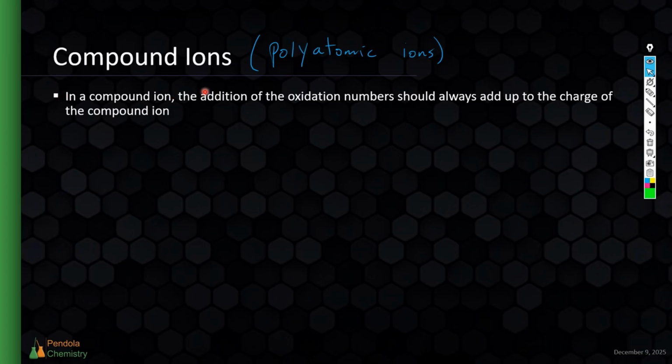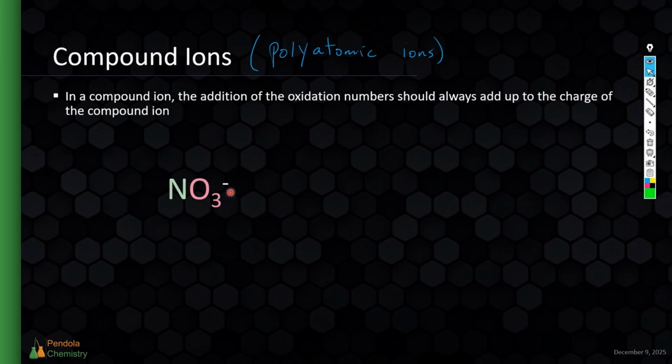In a compound ion, we have to remember that essentially everything we do is exactly the same as we do it with compounds. But instead of the oxidation numbers adding up to 0, they will add up to the charge of the compound ion. So we're not adding everything up to 0, we're adding everything up to the compound ion's charge. So let's look at an example of this with nitrate.